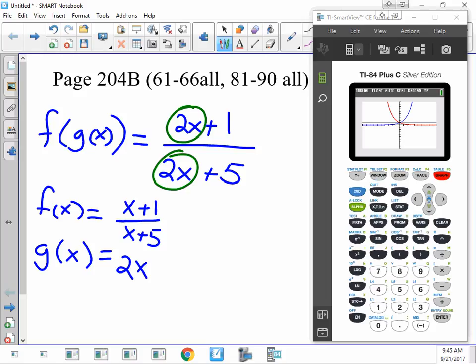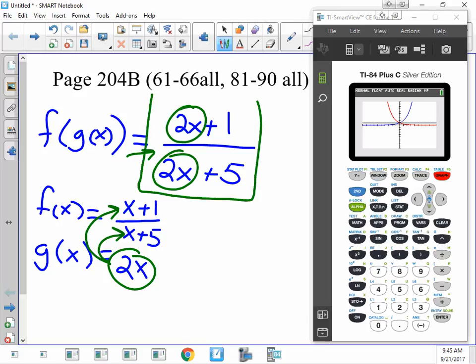So if I stick this in here and in there, then I come up with that equation. So this is the structure of f, but in order to get 2x plus 1 over 2x plus 5, I had to plug in 2x.